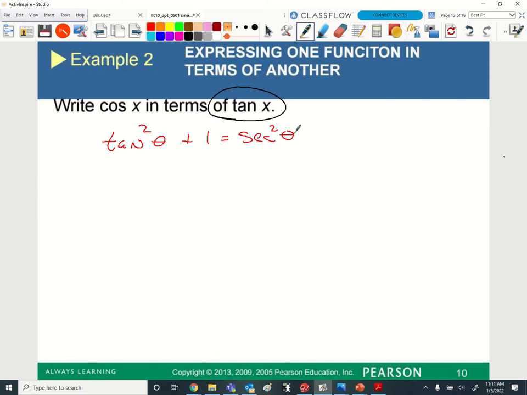So this is going to be y squared over x squared plus 1 is equal to secant squared. Secant is r over x, but if this is an identity, what is my r always going to be? 1. All identities, r is 1. So this is going to be 1 over x squared.